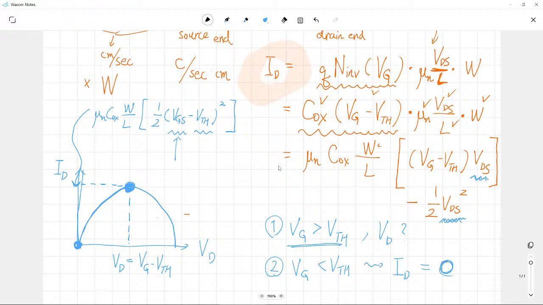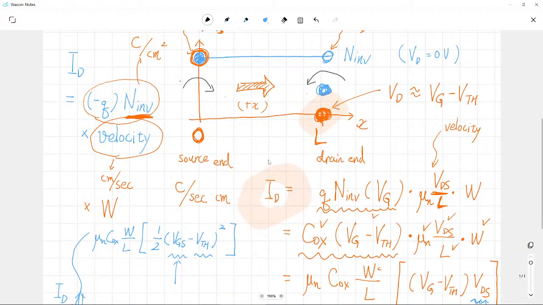In reality, please note that all of our discussion is limited to the case where we have a sufficient amount of inversion charge. But when we have the condition Vd equal to Vg minus Vth, at this drain end we have almost no electron at all. If we increase the drain voltage beyond Vg minus Vth, then we break our assumption that throughout this channel region we have a sufficient amount of electron.